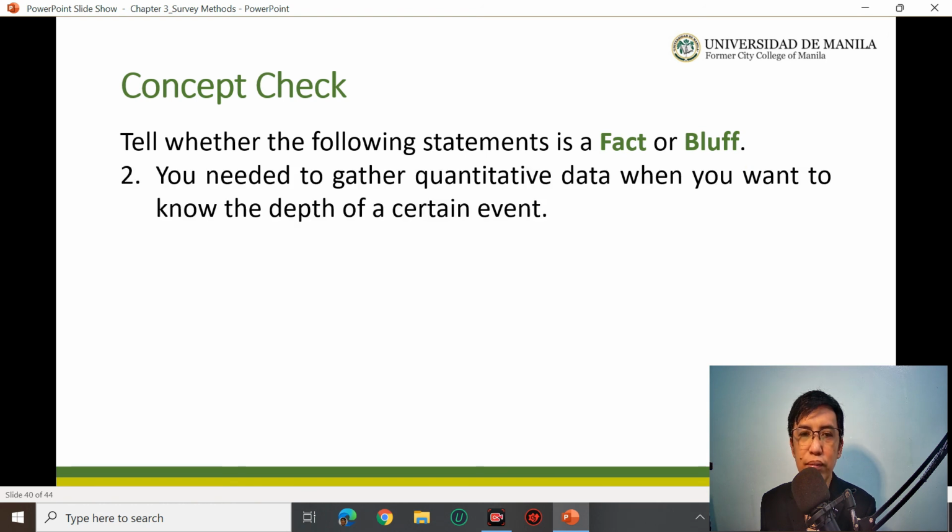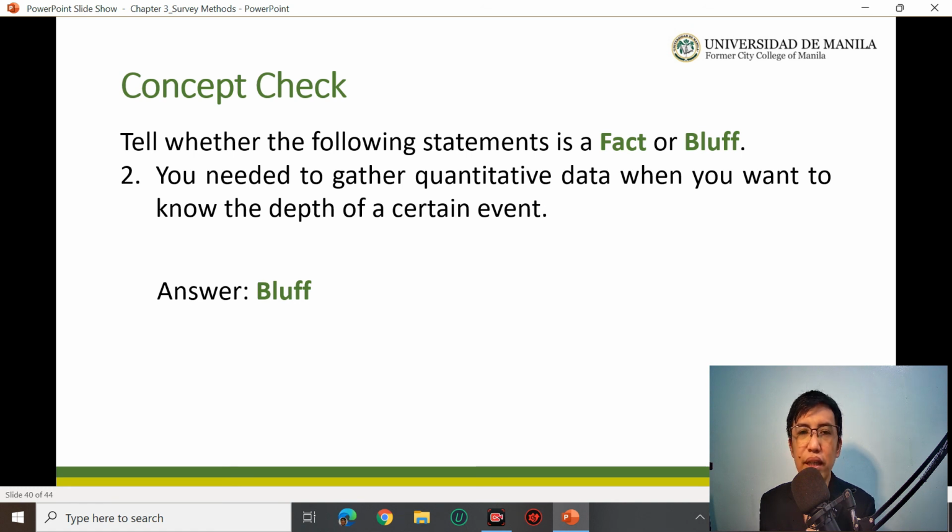Number 2, you needed to gather quantitative data when you want to know the depth of a certain event. Okay, yan. Depth. Ang pinag-uusapan natin yung lalim. Okay, 10, 9, 8, 7, 6, 5, 4, 3, 2, 1. And the correct answer is bluff. Qualitative ang kailangan natin i-gather.